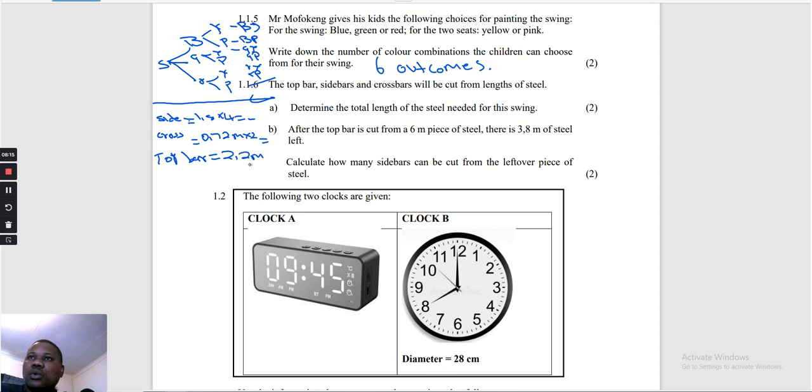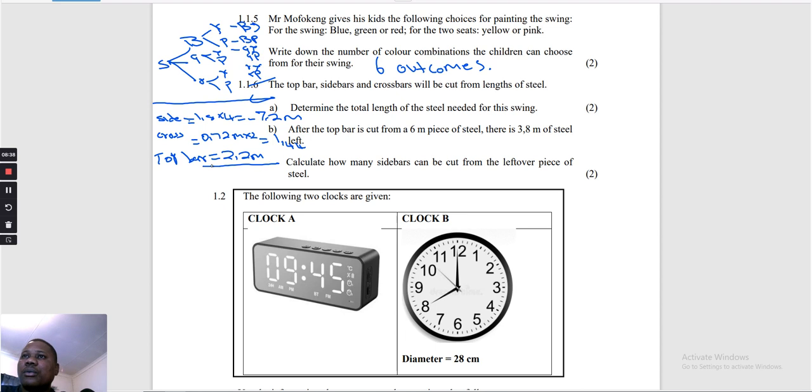So we're going to add everything. Let's start with the first one then. 1,8 multiplied by 4. The total length is going to be 7,2 meters for the sidebars. Then the crossbars, we're going to have 1,44.